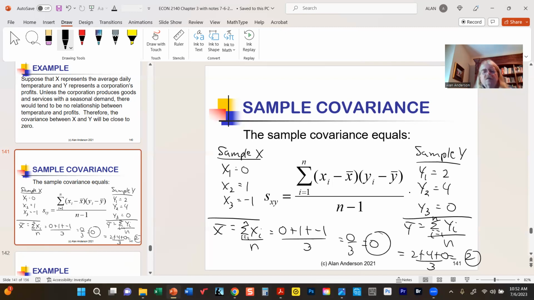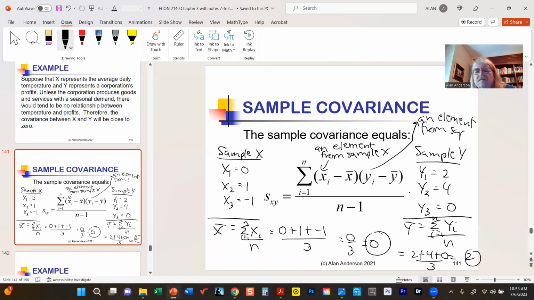So when you look at this formula, all of a sudden you realize there's not that much new going on here, except that all of a sudden we've introduced Y's. So you've got an element from sample X. And this is an element from sample Y. And of course, these two are the means of the two samples.